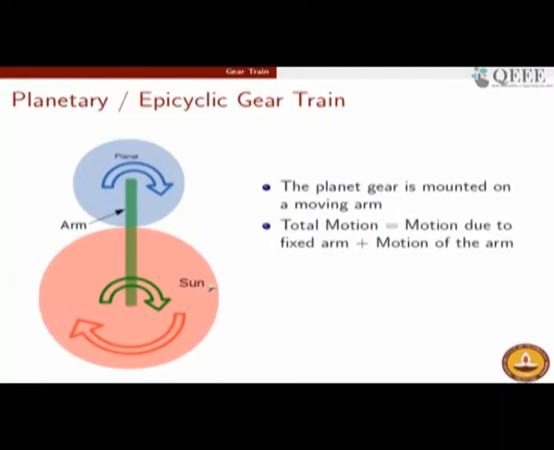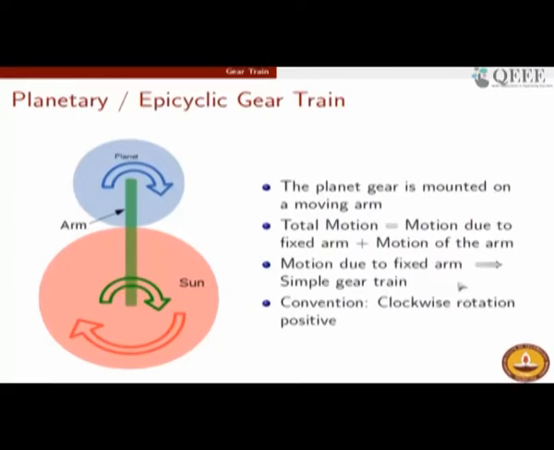So you have a combination of rotational motion as well as revolutionary motion of the planet, and this is what we need to analyze. As I said, motion due to the fixed arm is equivalent to the analysis of a simple gear train. What we will do here is adopt a convention that clockwise rotation is positive.